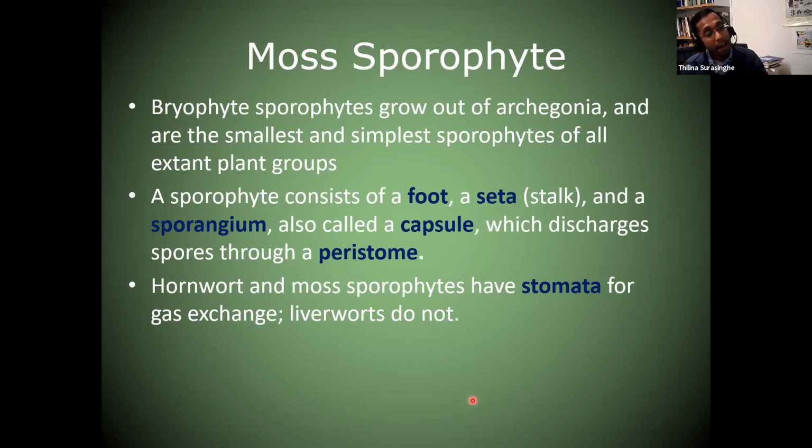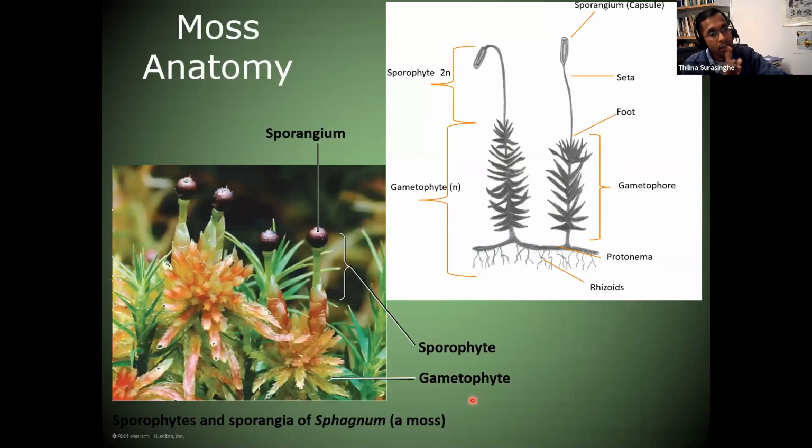In fact, hornwort and moss sporophytes have stomata for gaseous exchange. Liverworts do not have stomata anywhere. None of the gametophytes have stomata. It's only hornwort and moss sporophytes that have stomata. Liverworts have no stomata at all. Instead, they have pores.